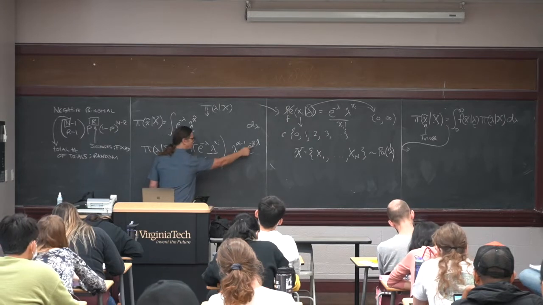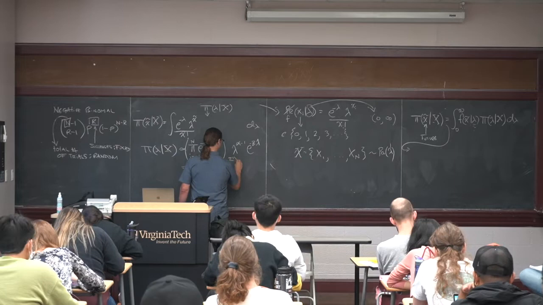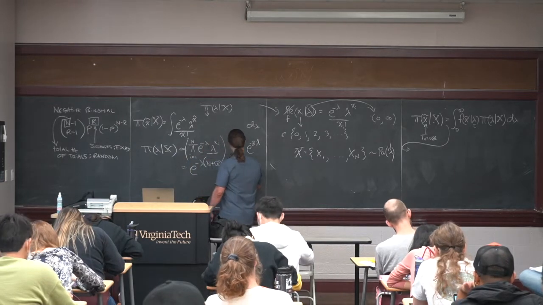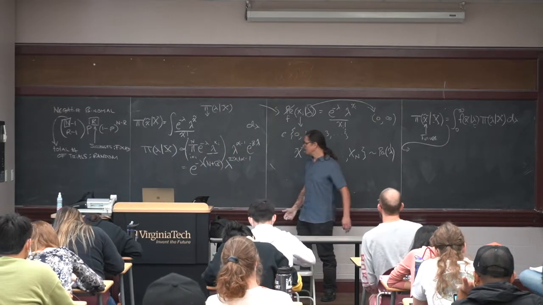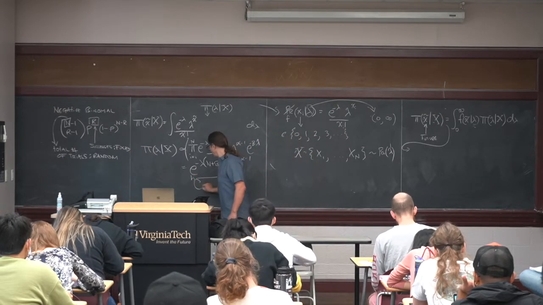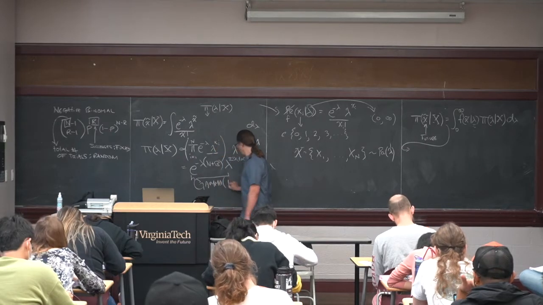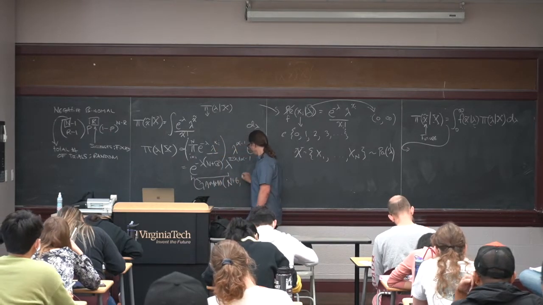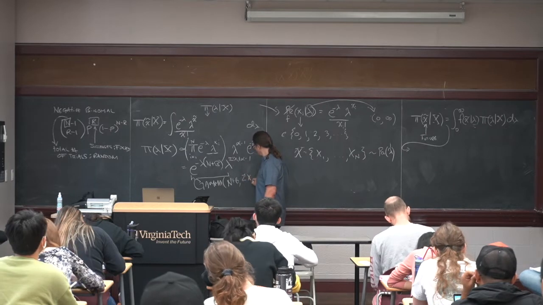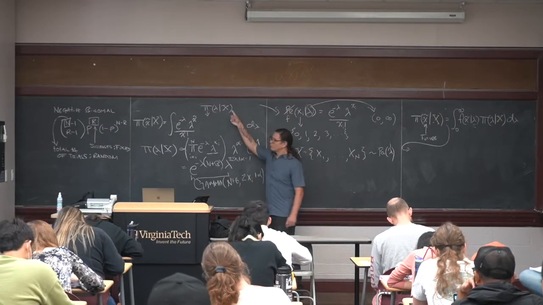I'll combine those terms. And then I have lambda to the sum of the xi's plus alpha minus 1. And so we know which one this is. This is going to be a gamma with parameters n plus beta, sum of the xi's plus alpha. So that's what that is.